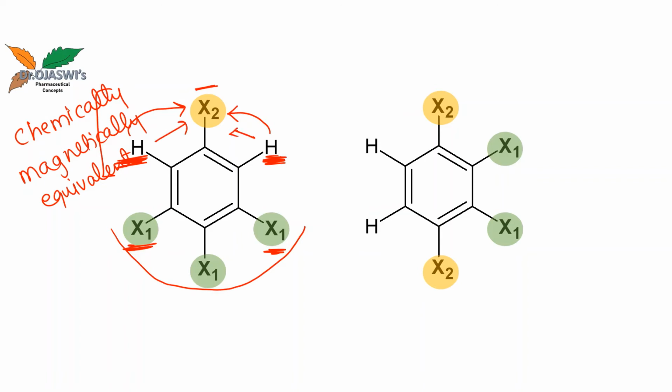I'm talking about the extent of coupling. You must have learned coupling constant; there is a video on coupling constant as well. So the extent of coupling of both the hydrogens with this X2 is the same, and so I call them chemically as well as magnetically equivalent nuclei.